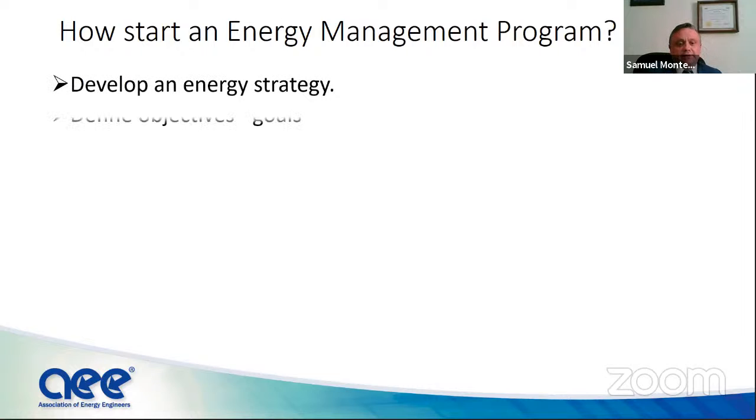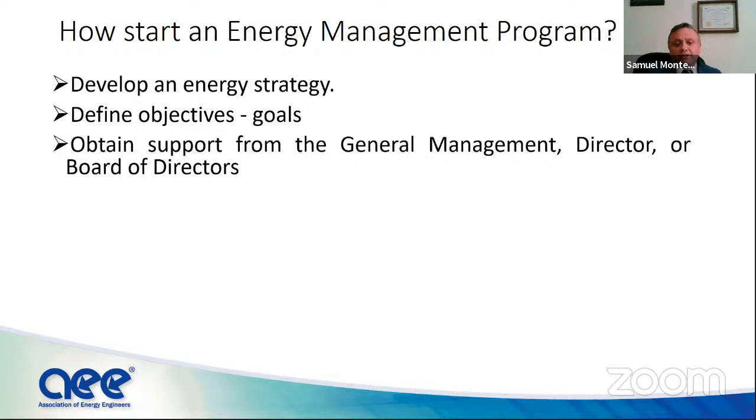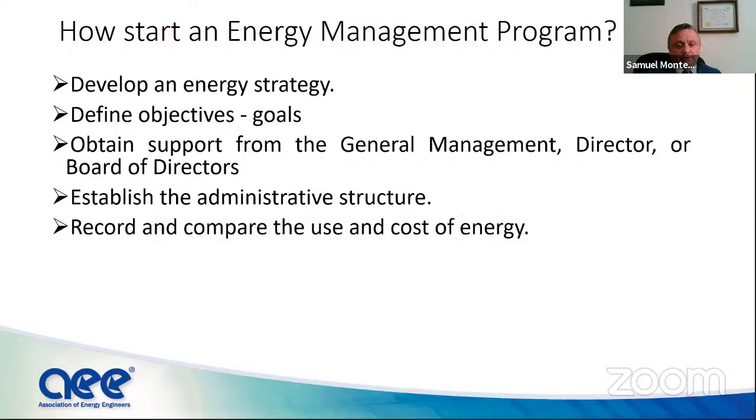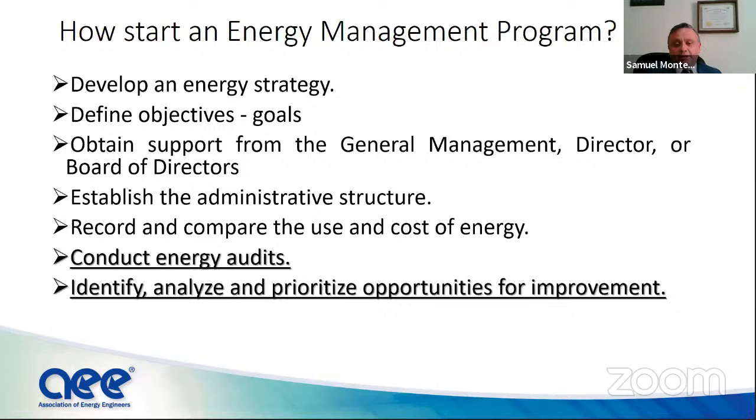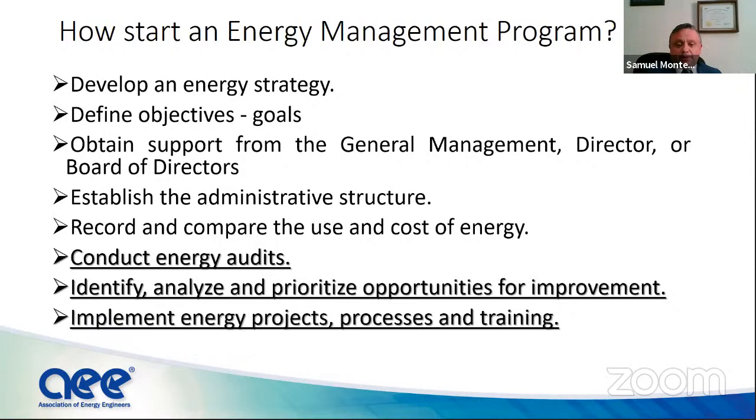Develop an energy strategy, define objectives, obtain the support of the general management, director or board of directors, establish the administrative structure, record and compare the use and the cost of the energy, conduct an energy audit, super important, identify, analyze, and provide the opportunities for improvement, implement energy projects, process and training, important to train the people in my industry, monitor, record, set goals and report the consumption before and after the implementation of all the improvements.